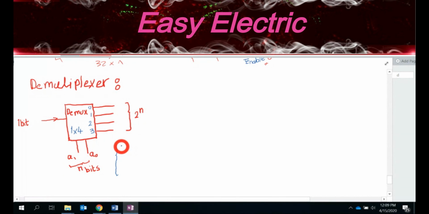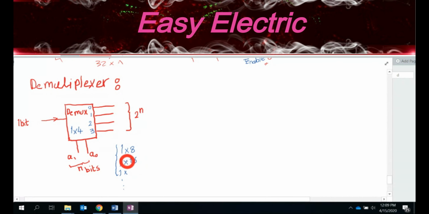So if n is 3, definitely the input should be 1, right? So the demultiplexer should have 1 input, right? So that is 1 by. If n is 3, 2 power 3 should be 8. You could have 1 by 8. What should be the next? If n is 4, the demultiplexer should be 1 by 16, definitely.